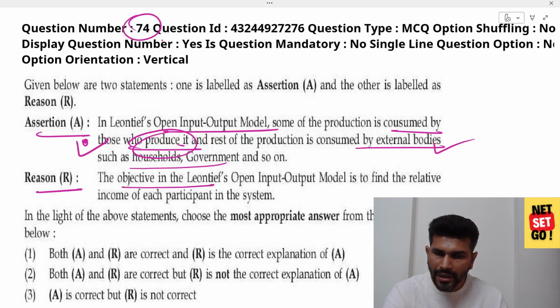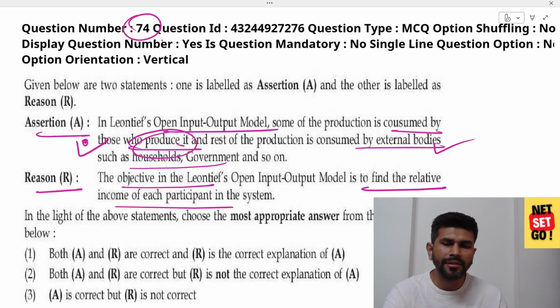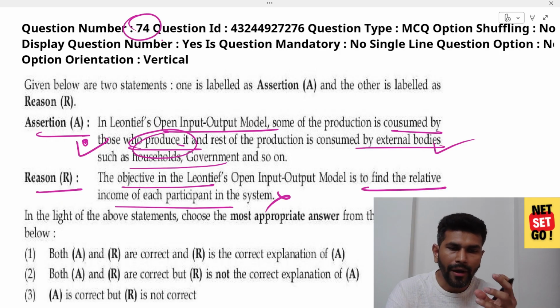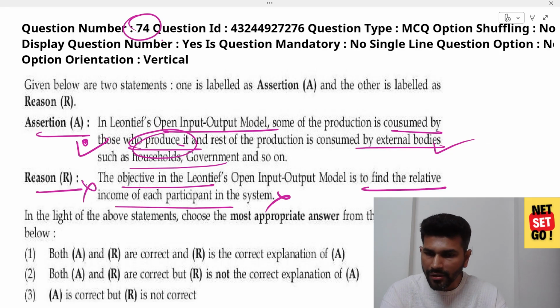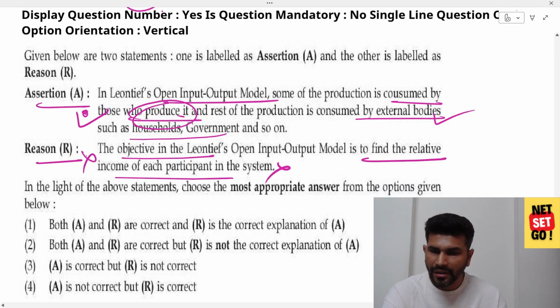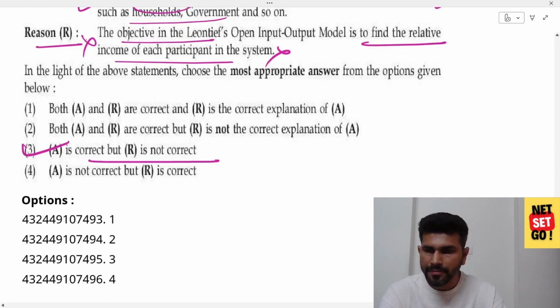Reason: the objective in Leontief's open input-output model is to find the relative income of each participant in the system. No, the main objective is to find out the total output required to satisfy final consumption, final demand. So reason is incorrect. Assertion is correct, but reason is incorrect. Option 3 is the correct answer.